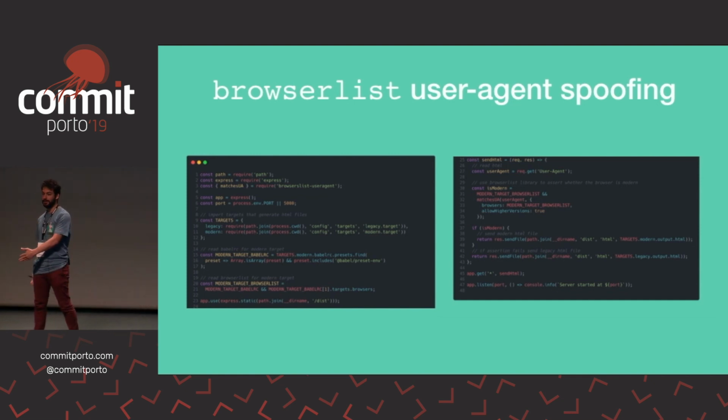I'm passing the browserslist string that the modern target supports. So I just check if this browser is modern, and if it's modern, then I send this HTML that supports module. And if it's not modern, then I send the legacy HTML.